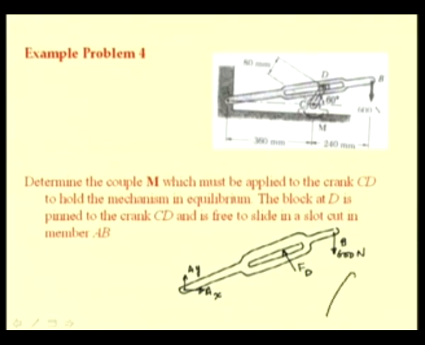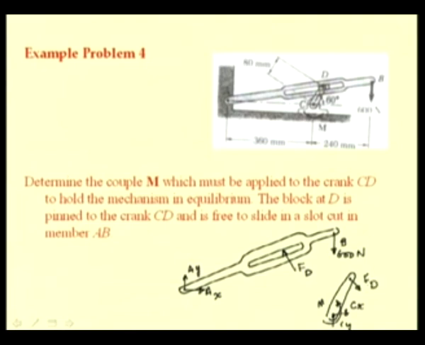body diagram of the crank. At C we have two reactions, Cx and Cy, and a moment is being applied, that is M, and at this point D we have an equal and opposite force Fd.